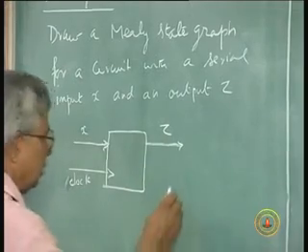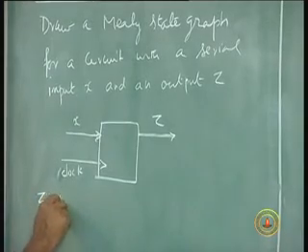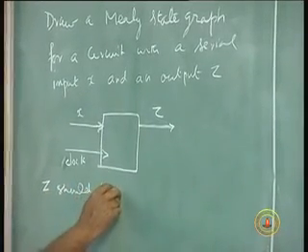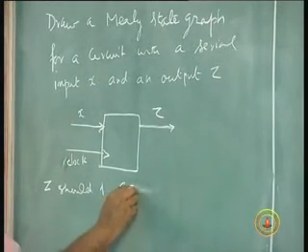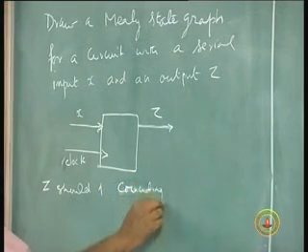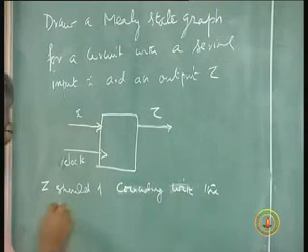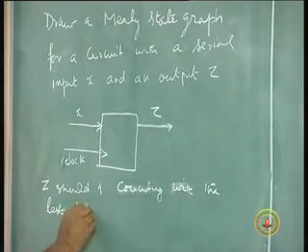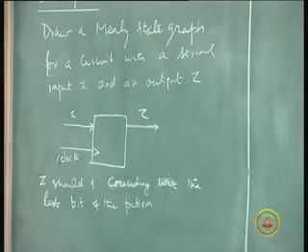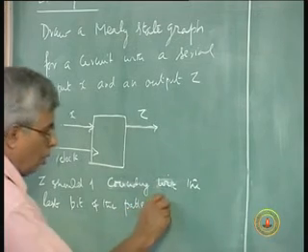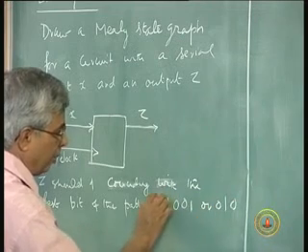Whenever there is a pattern, we did the pattern generator, z should be 1 coinciding with the last bit of the pattern 1 0 0 1 or 0 1 0. Either this or that happens.